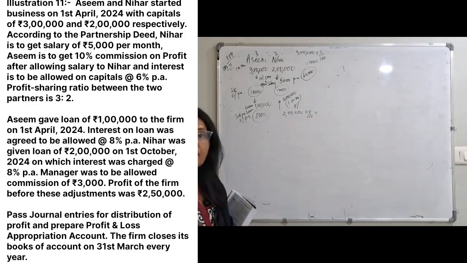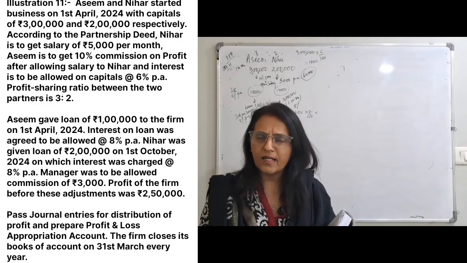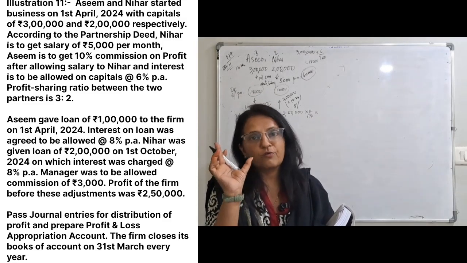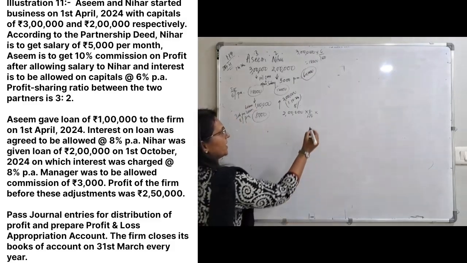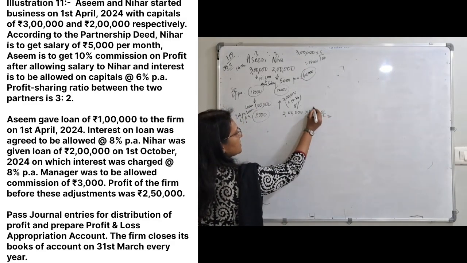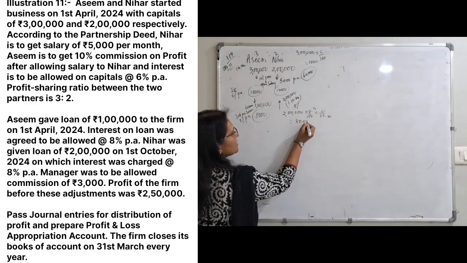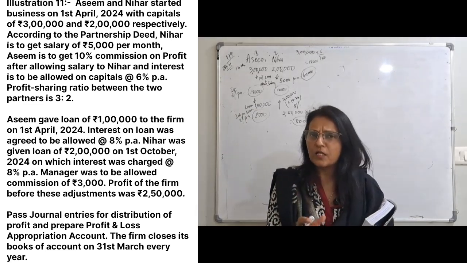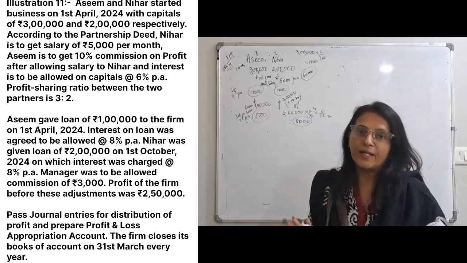We have to calculate for 6 months because the loan was given on 1st of October. So you will be calculating interest only for 6 months. So this will be 6 by 12. The zeros cancel, 6 2s are 12, 2 1s are 2, 4s are 8. Again this is also 8,000. The interest we are giving is 8,000. The interest we are receiving is also 8,000.